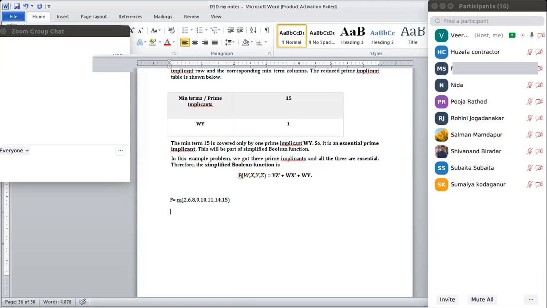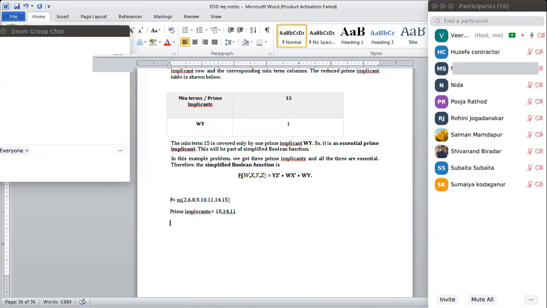So out of these minterms, which are prime implicants? 10 and 14, and also 11, because they are covered by other prime implicants also.